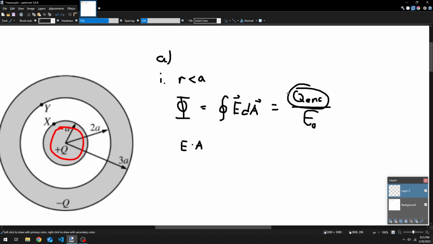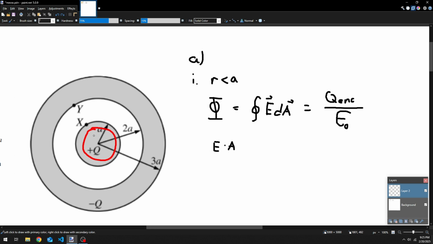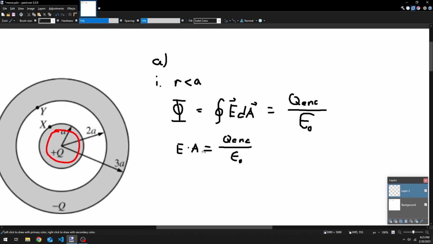And Q enclosed is the charge inside of our Gaussian surface, which we will get to later. This boils down to E times A, just using integral calculus. So we have this setup that we're going to use for all 4 sections of this problem.